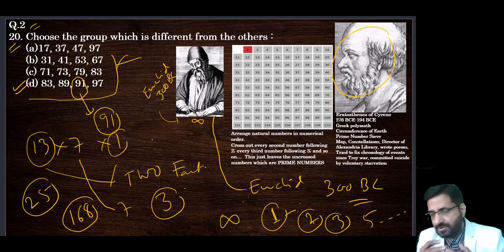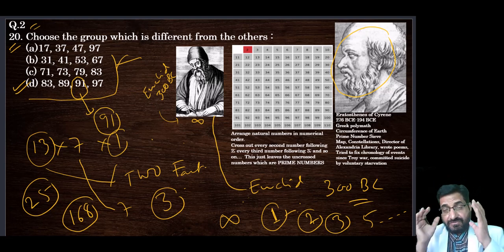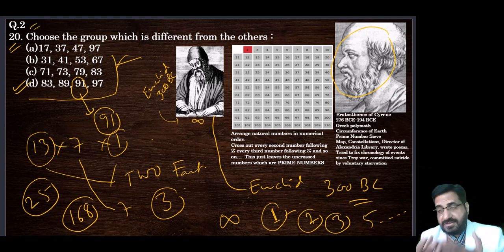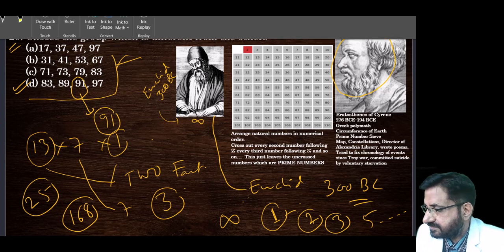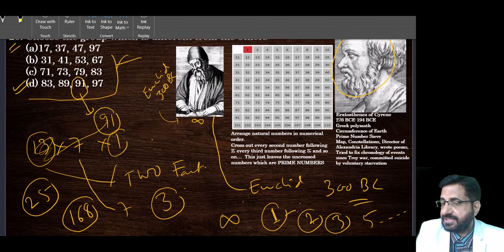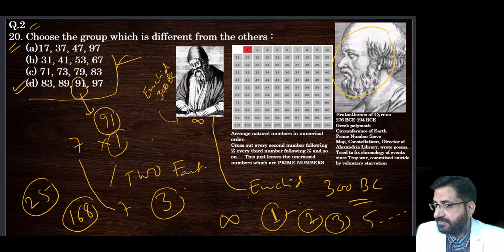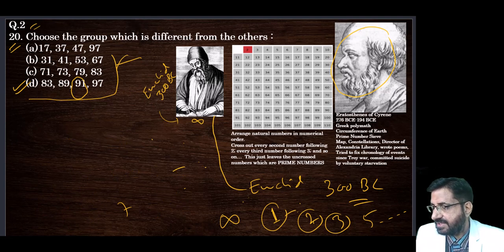What he said, you write down numbers, say for example 1 to 20, or 1 to 100 or whatever range in which you want to find your prime numbers, that range you have to write continuously. You go on writing 1 to 100. Then the next step is, first 1 is not a prime number, so don't consider it. 2 is a prime number, circle it.